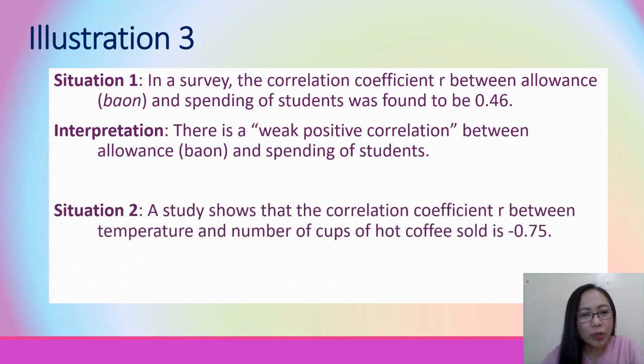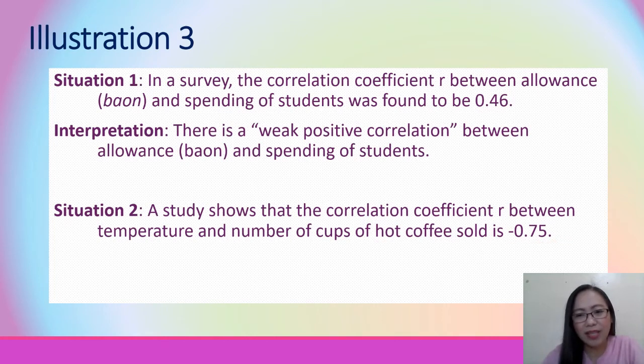Let us look at situation number 2. A study shows that the correlation coefficient R between the temperature and the number of cups of hot coffee sold is negative 0.75. So take note, your R here is negative 0.75. As you notice, it's negative.